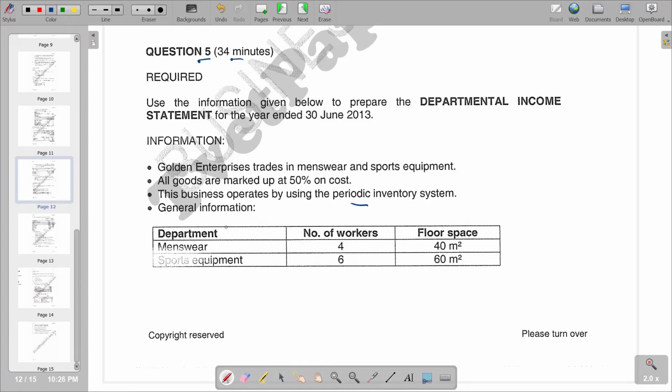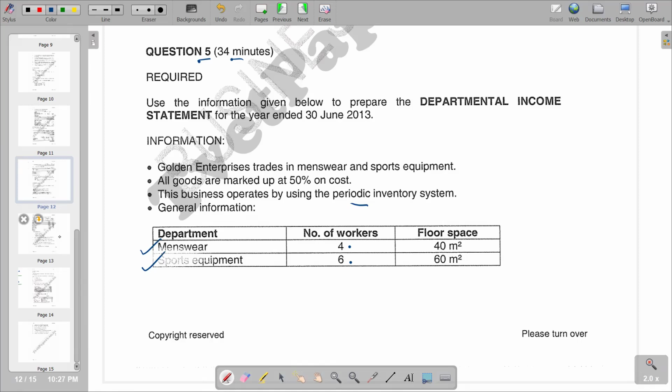In terms of the general information, we are given the departments of Menswear and Sports Equipment. Those are the two departments that we have. In terms of the number of employees, menswear has 4 and sports equipment has 6. In terms of floor space, menswear has 40 square meters and sports equipment has 60 square meters. This is the information that is going to help us when we are allocating costs between the two departments.